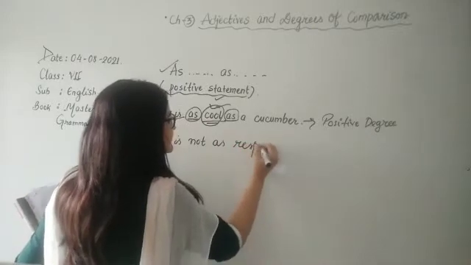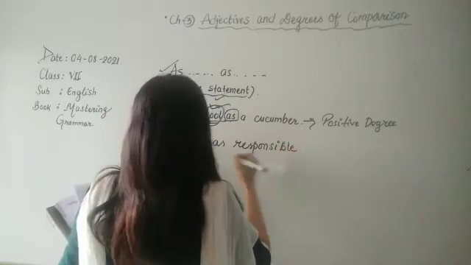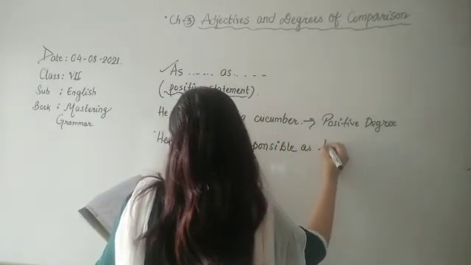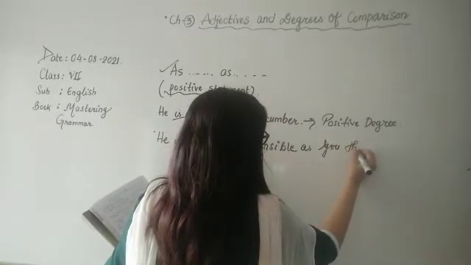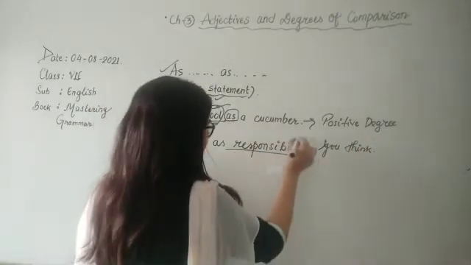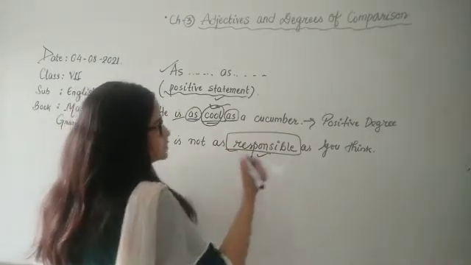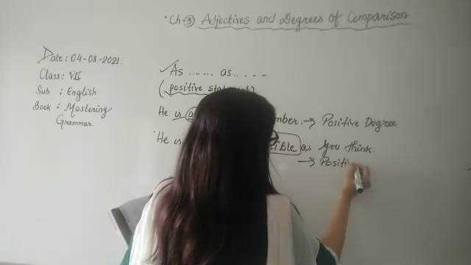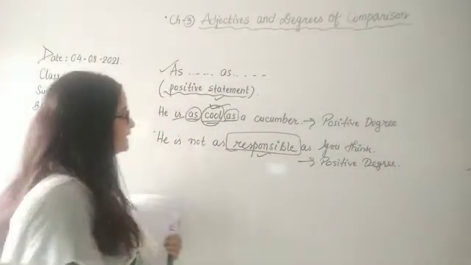So you can see that it's also used with negative sentences. Here also you can see we are using the base form of the adjective. We are not changing it to comparative or superlative. So again this degree is positive degree.